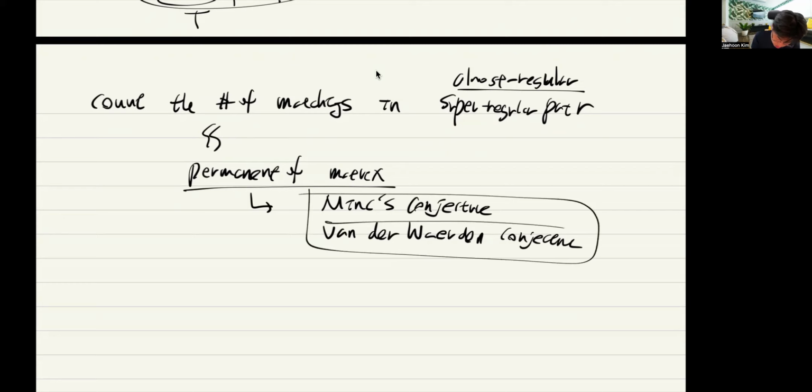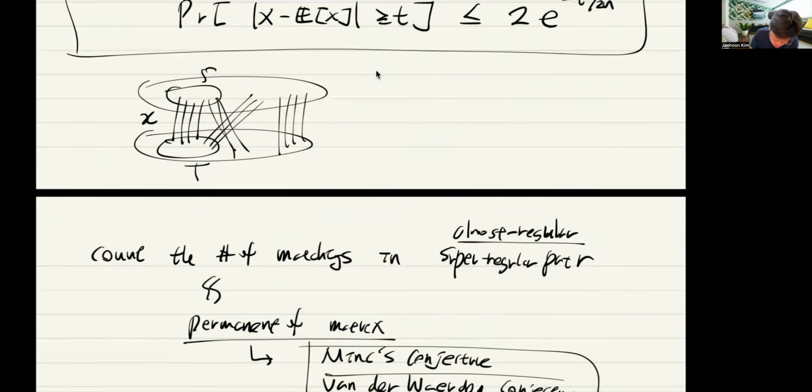Both of them give you a lower bound and upper bound on the number of matchings here. And one of them applies to doubly stochastic matrices, which correspond to exactly regular subgraphs. But you can actually prove that such a superregular pair contains a subgraph in which every vertex has equal degree.